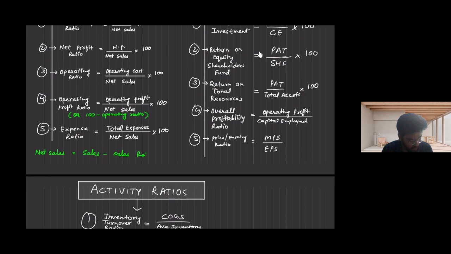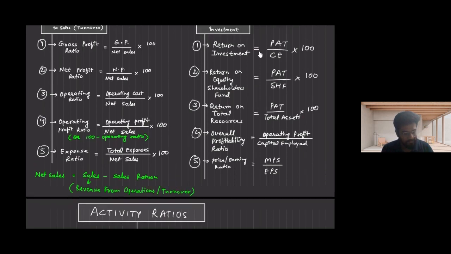Sales is also called revenue from operations, or it is also called the turnover of the business. These are the alternative names you should know for this chapter specifically.